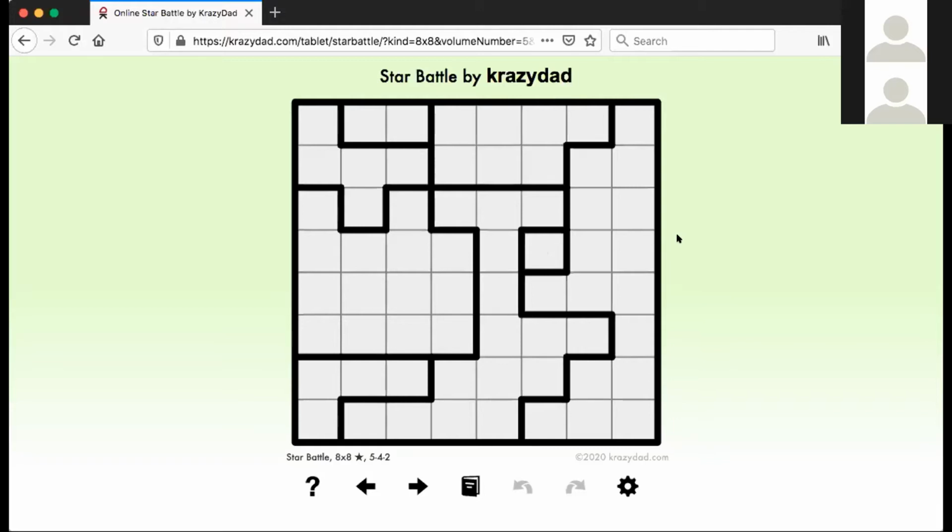When you go to one of these puzzles online, the author, I don't know what his real name is, I'll just call him KrazyDad, puts a little bit of text at the beginning of each puzzle, and it has nothing to do with the puzzle. And then at the end, when you solve a puzzle, again it has nothing to do with the puzzle, but a little quote will pop up or something.